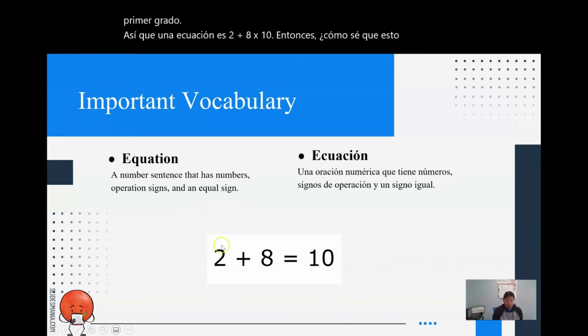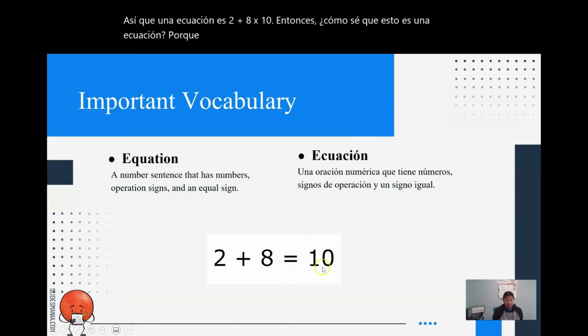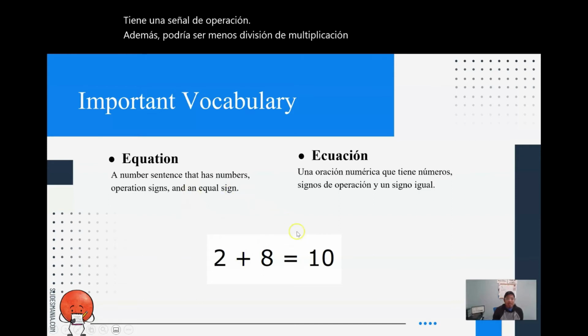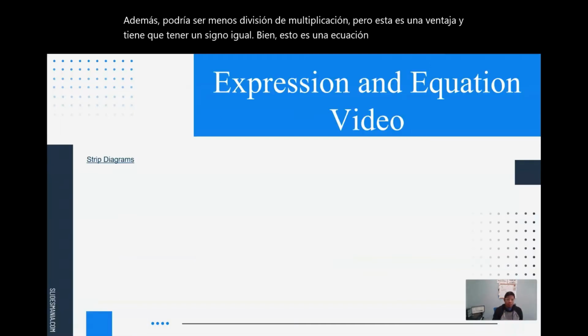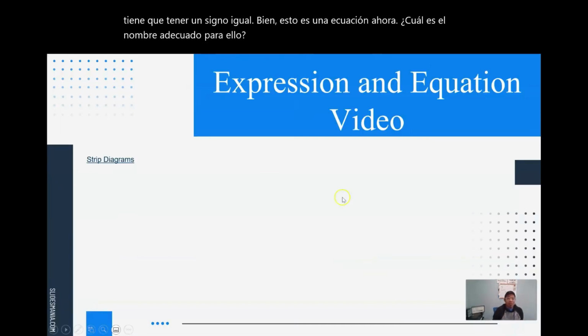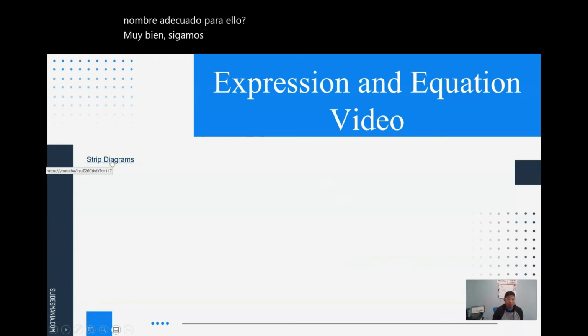Because it has numbers, 2, 8, 10. It has an operation sign, plus. It could be minus, multiplication, division, but this one is a plus. And it has to have an equal sign, okay? So this is an equation now. Now you know what's the proper name for it. All right, let's go ahead and watch this video. I think it's going to be very interesting.